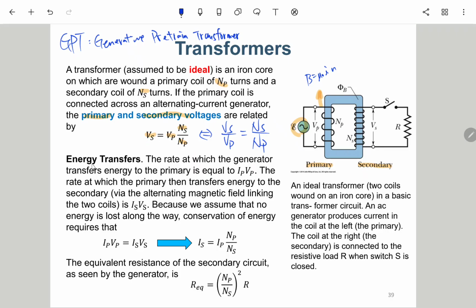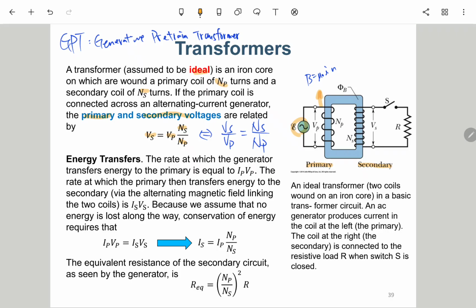And then here, it also has this energy transfer, and we assume this transformer to be ideal, which means that no energy is lost, no energy leakage. Of course there will be some B field that leaks out, but we just assume all the B field is delivered to the secondary coil, and all the power, or all the energy, is also transferred to the secondary coil, so that we have a conservation of energy.